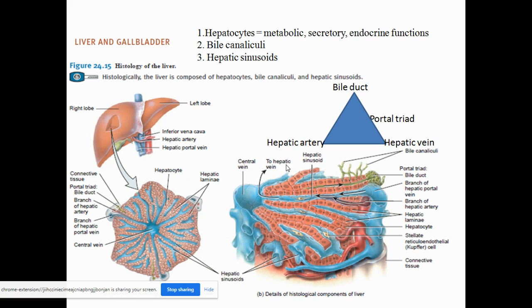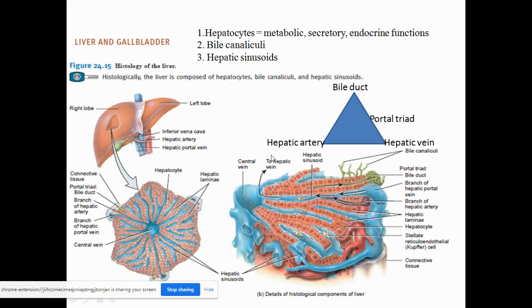What are the functions of the liver? It has a large metabolic function: glycogenolysis, glycogenesis, gluconeogenesis, and many different functions are performed by the liver. Number two, it also has secretory function. It secretes bile, not only bile acids, and many bile salts.